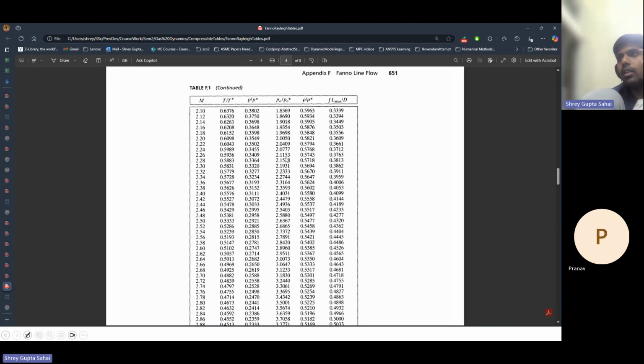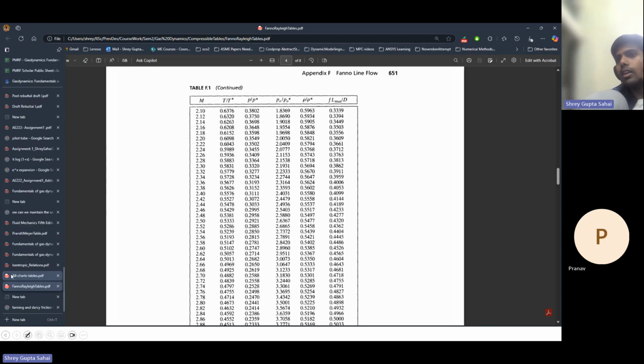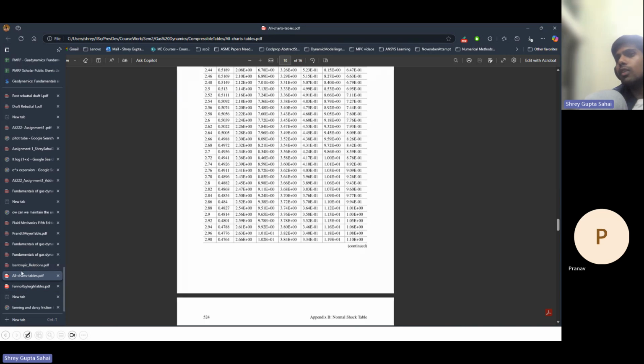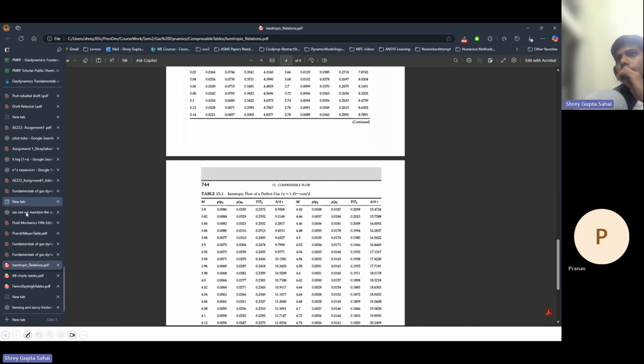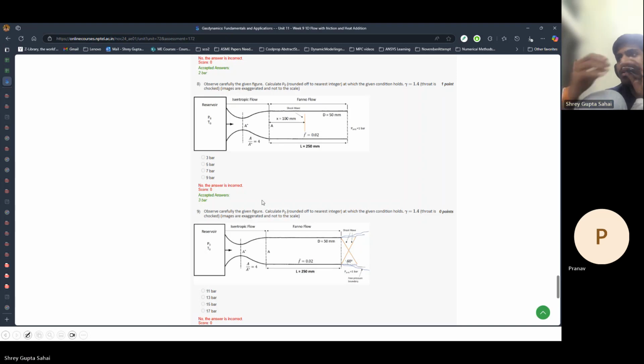Forget about my table, consider your formula. For 2.95, I am getting 0.5145. Fine. Now what is your 4FL by D?